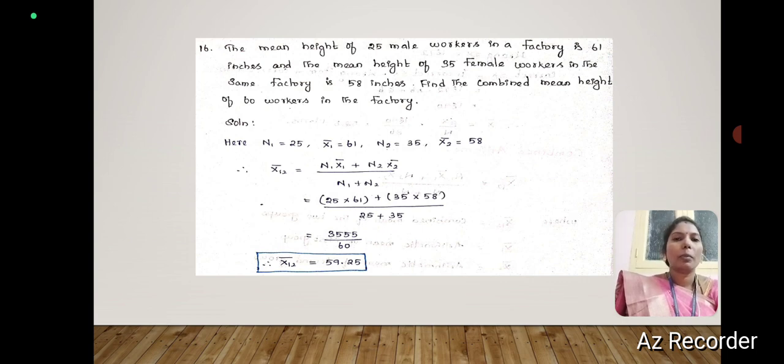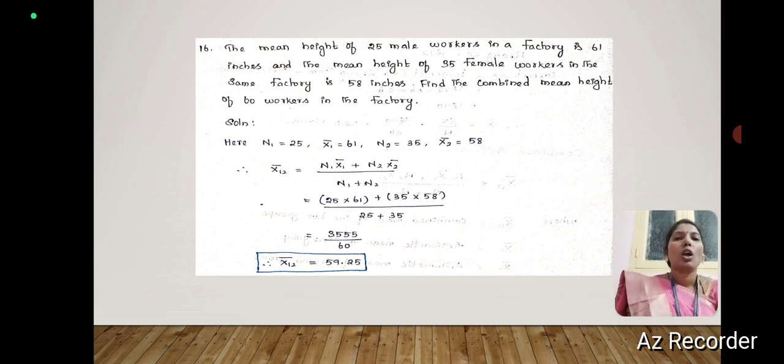And the problem of combined arithmetic mean: the mean height of 25 male workers in a factory is 61 inches and the mean height of 35 female workers in the same factory is 58 inches. Find the combined mean height of 60 workers in the factory.